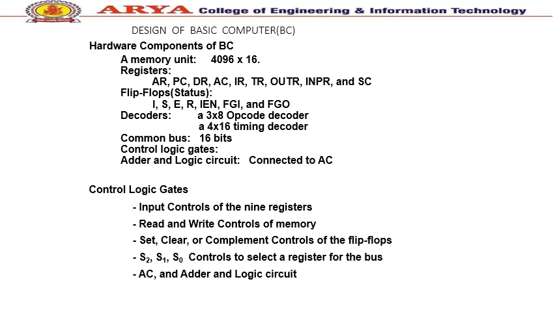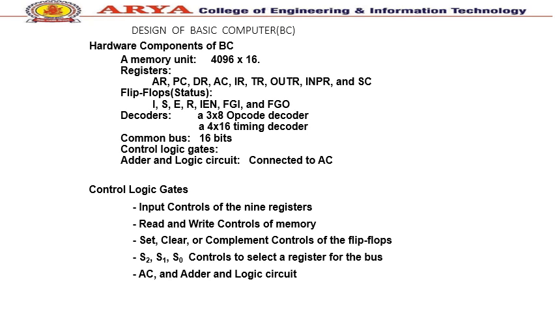Design of the basic computer. Hardware components of BC: a memory unit 4096 by 16, registers AR, PC, DR, AC, IR, TR, OUTR, INPR, SC, flip-flops, decoders, a common bus of 16 bits, control logic gates, and an adder and logic circuit connected to the accumulator.